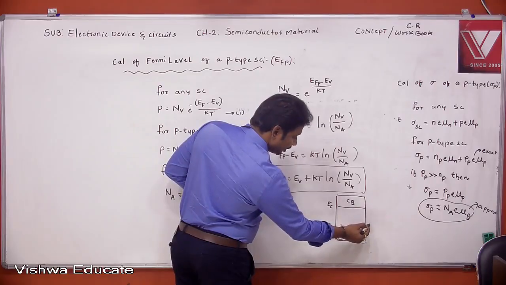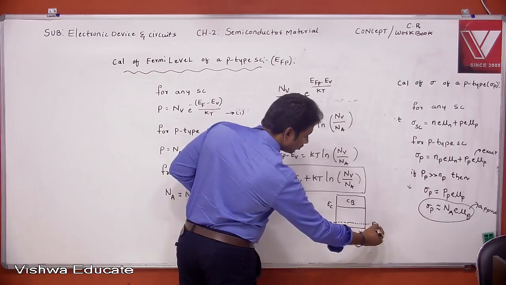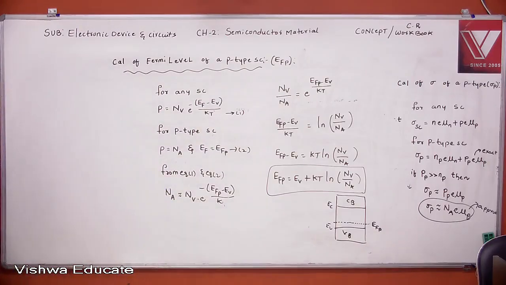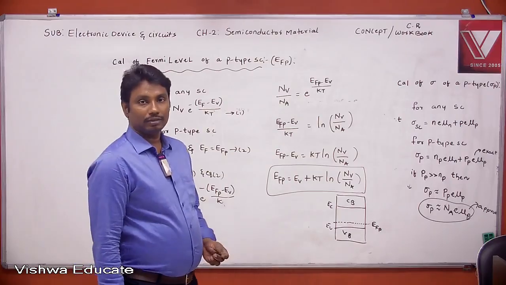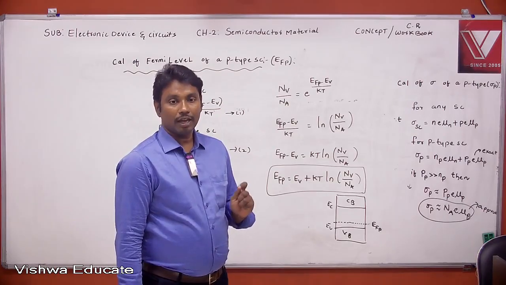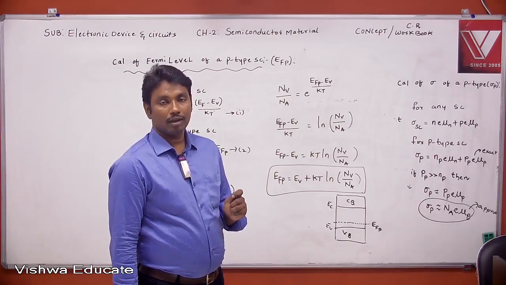That means in case of a p-type semiconductor, the Fermi level lies above the valence band. For a p-type semiconductor, the Fermi level lies above the valence band.